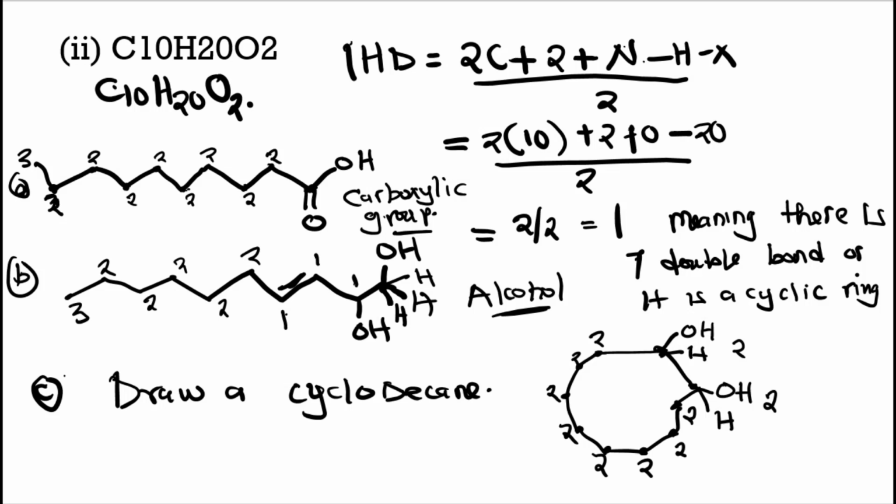And then this is a cyclic alcohol, cyclodecane-1,2-diol. So this is a cyclic alcohol, and I've just written the IUPAC name for this structure. So there are 3 possible structures for this compound that we were given.